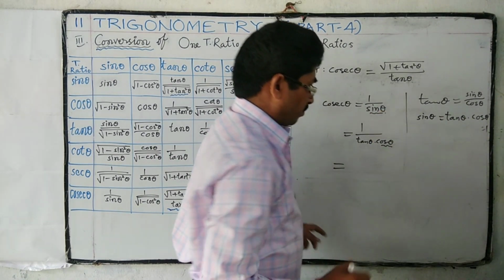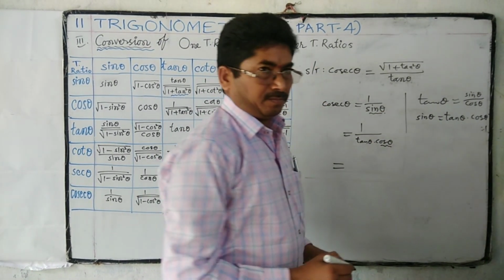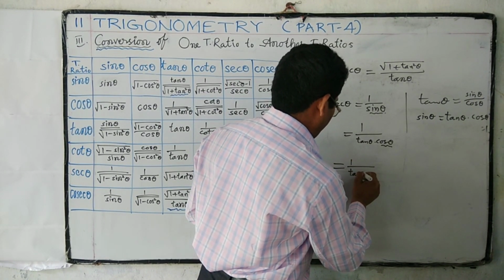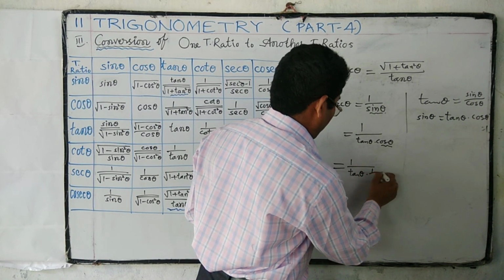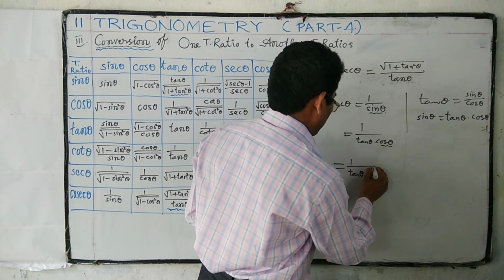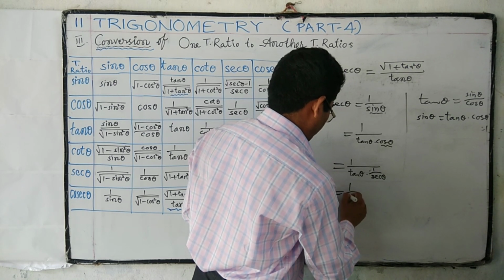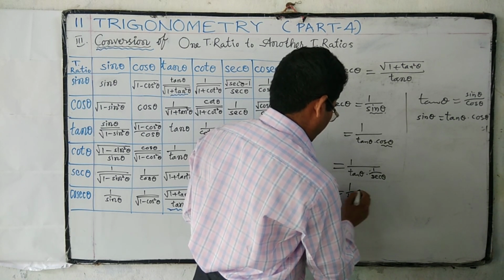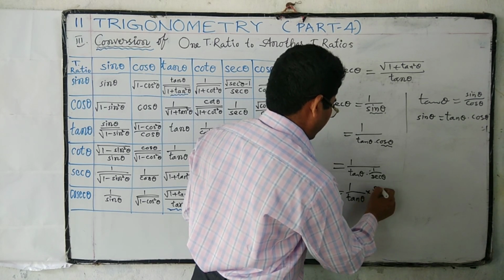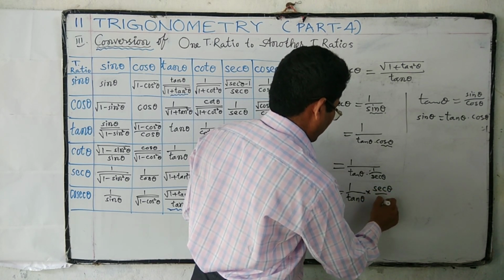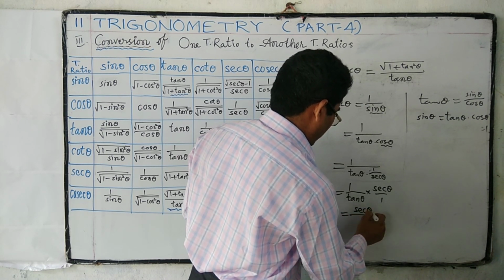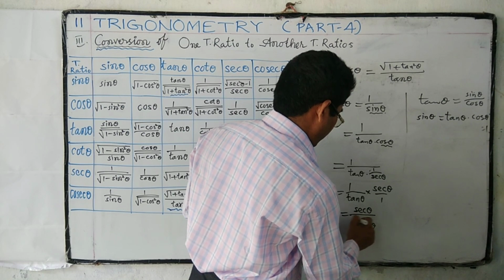Cos theta is the reciprocal of sec, so 1 by tan theta, sec theta by 1, is equal to sec theta by tan theta.